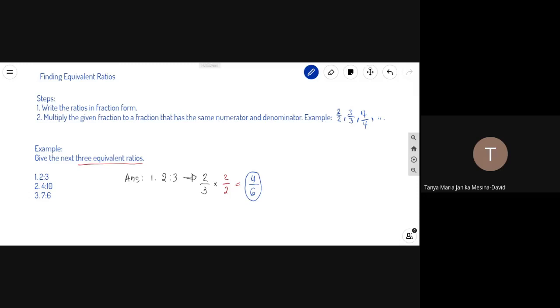And then let us multiply 2 over 3 by another fraction that has the same numerator and denominator, which is 3 over 3. And we will get 2 times 3 is equal to 6, and 3 times 3 is equal to 9. This is the next equivalent fraction.